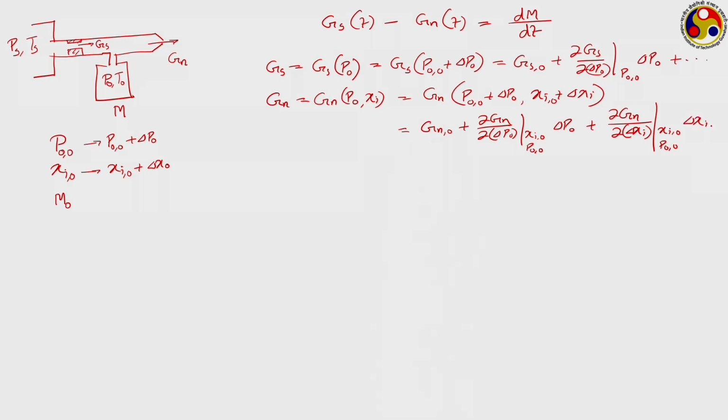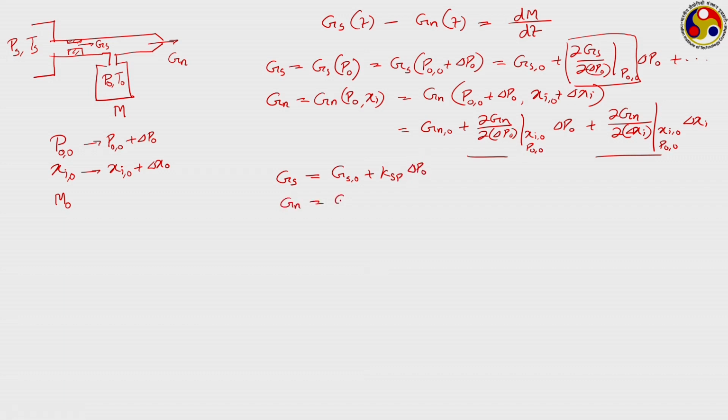Now, generally all these gradients, the first one that we have written here and the two which we have written here, are all represented by some kind of coefficients, thereby giving Gs equal to Gs 0 plus, let us say, small k s P, which refers to the corresponding pressure coefficient, into delta P naught.